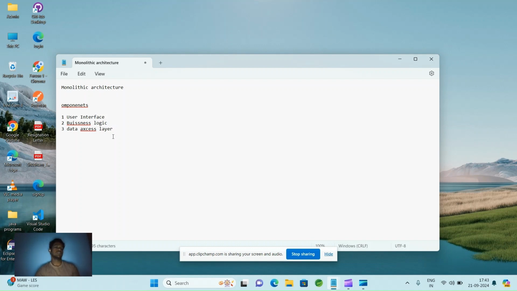So all these components work like a single unit. In this monolithic architecture, before microservices came, this architecture was used in developing the entire project.